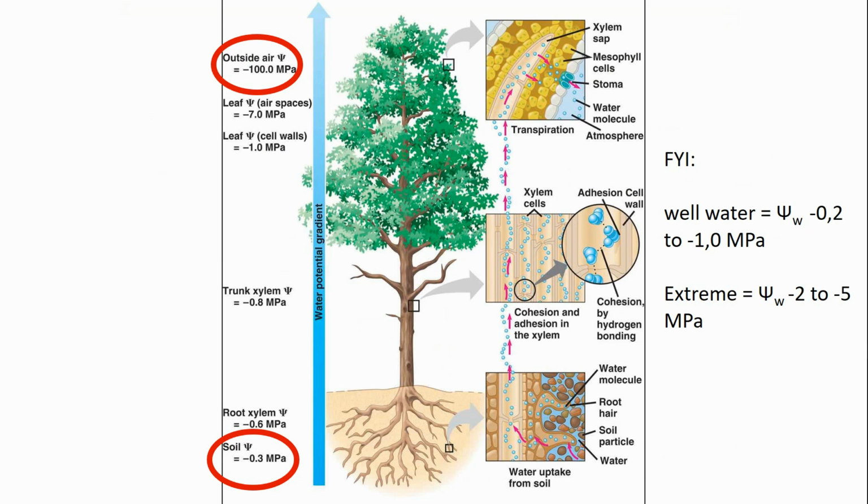In the introductory video, I said an acronym, SPAC: Soil, Plant, Atmospheric Continuum. This picture shows you how water gets taken up from the soil into the root hairs, passed cell to cell to cell towards the Casparian strip.